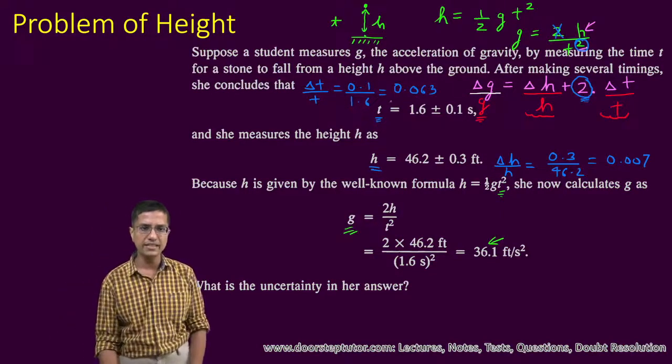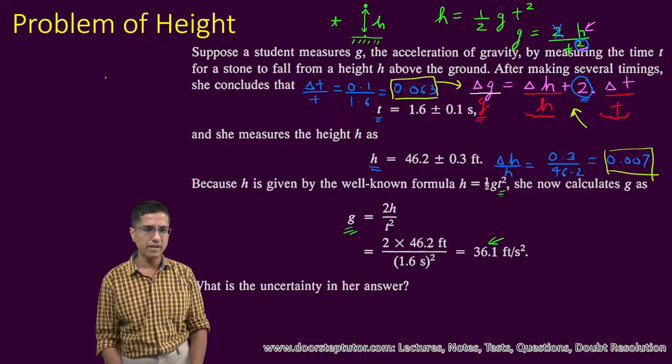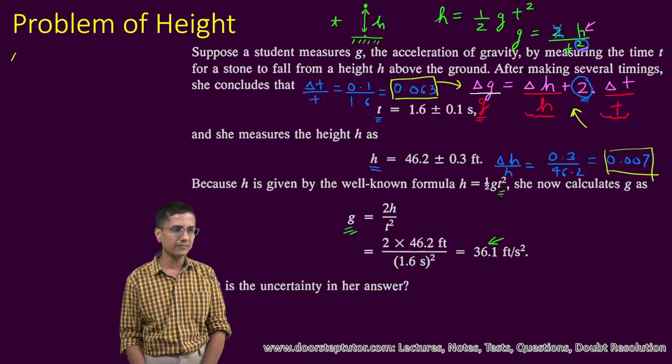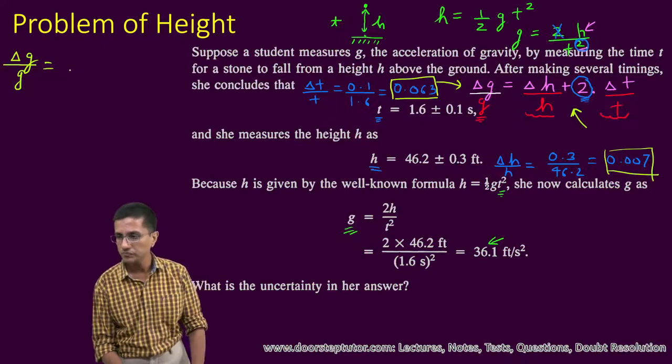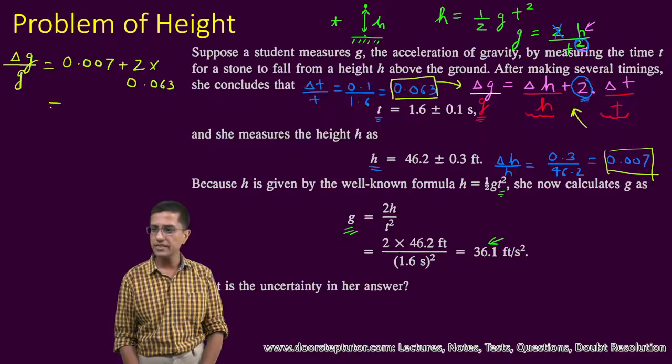Now I plug this 0.063, and this 0.007, in my formula right here. What is the final value of delta g that I'll get? Delta g by g, or relative error in g, will be equal to 0.007 plus 2 into 0.063, and if you compute this, this comes out to be 0.133.